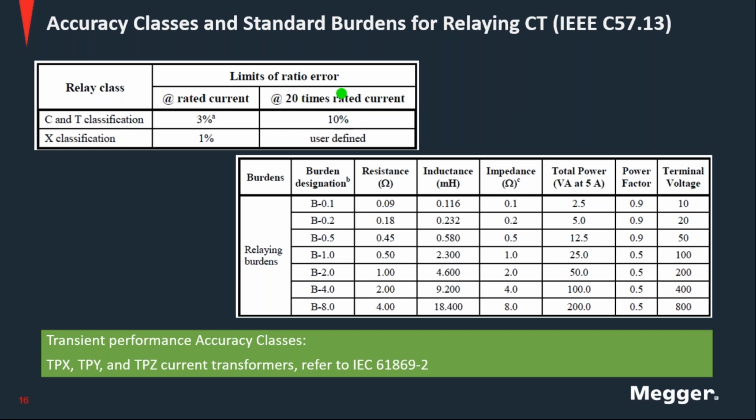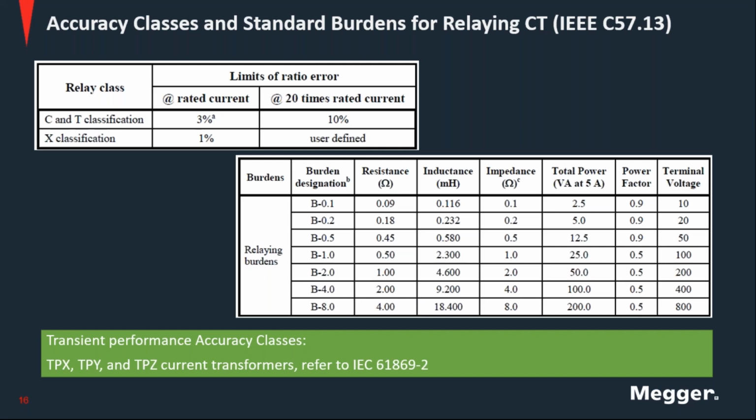And when you are talking about kiloamps, when you are under rated current of the hundreds, really you don't care about the 1 or 200 amps there. So really the accuracy doesn't need to be that high.